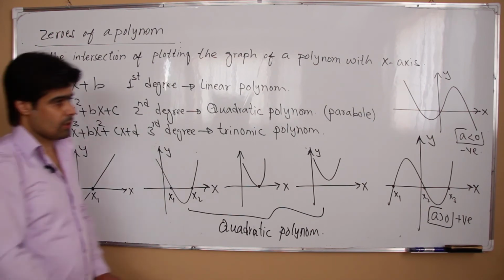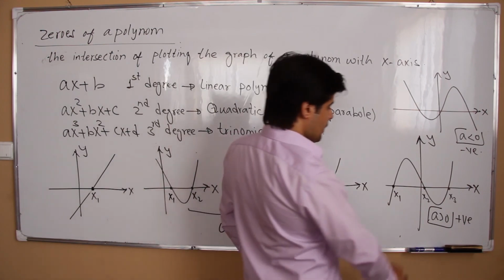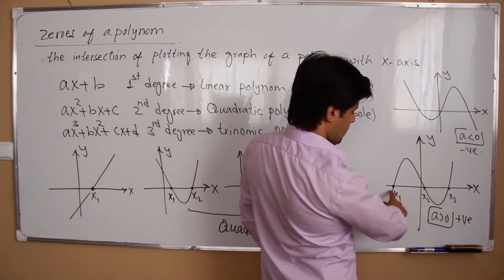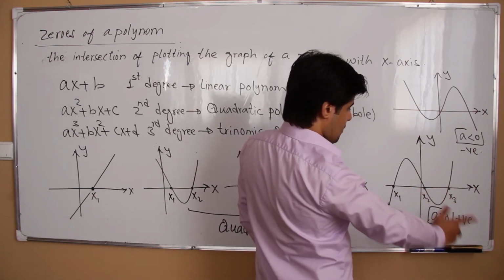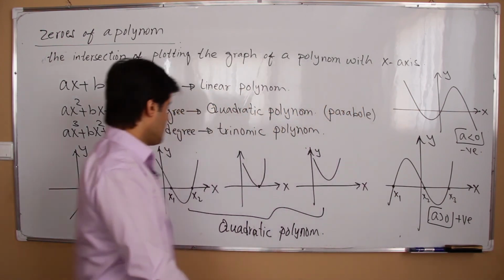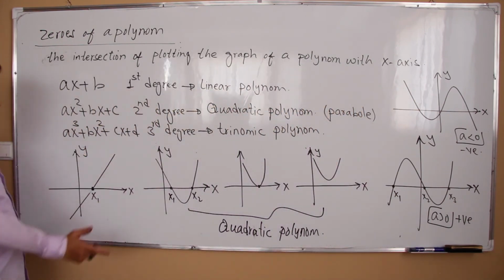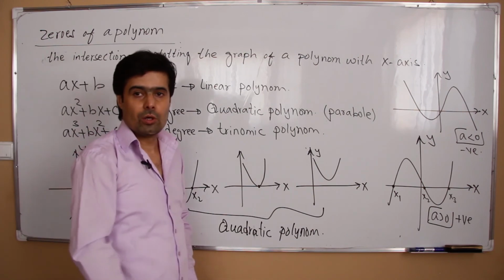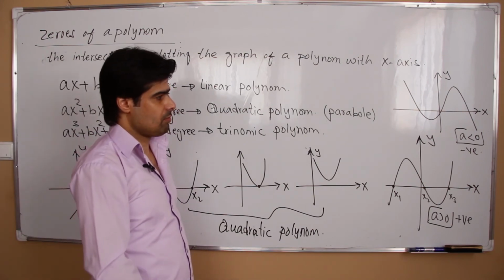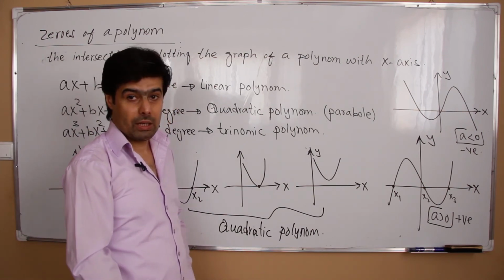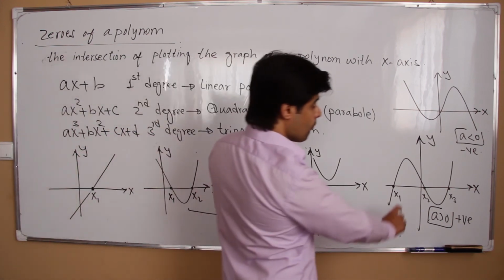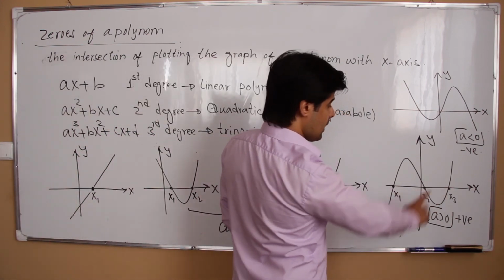I do not want to say that the trinomial polynomial generally has 3 intersections with the x-axis. Maybe the power 3 would have 1 intersection or maybe 2 intersections, doesn't matter. But it does not have more than 3 intersections with the x-axis.